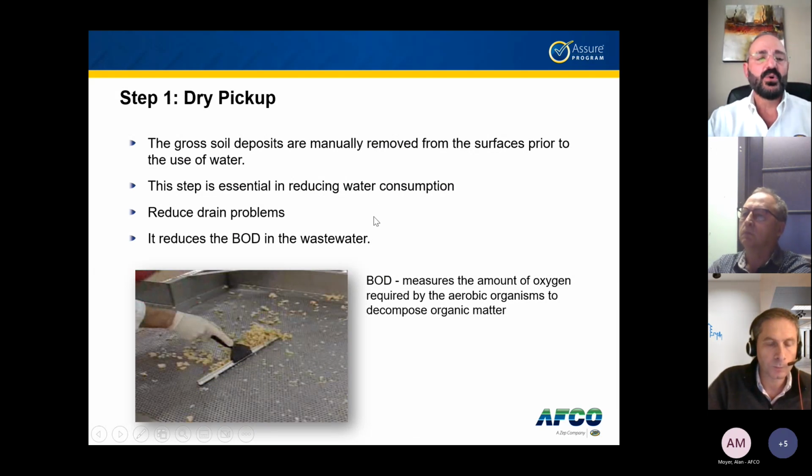All right. So why do we do the dry pickup? Dry pickup is to remove the big particles of food from the surfaces before we rinse them with water.